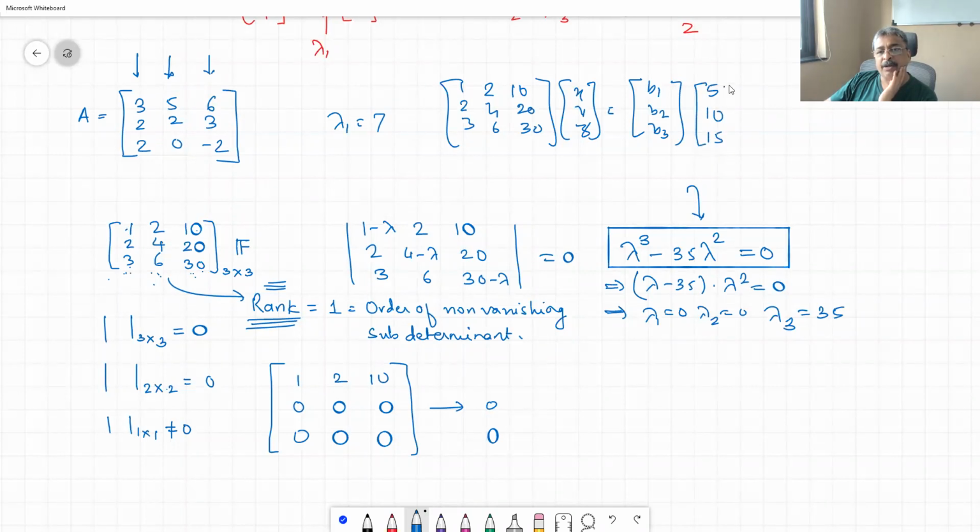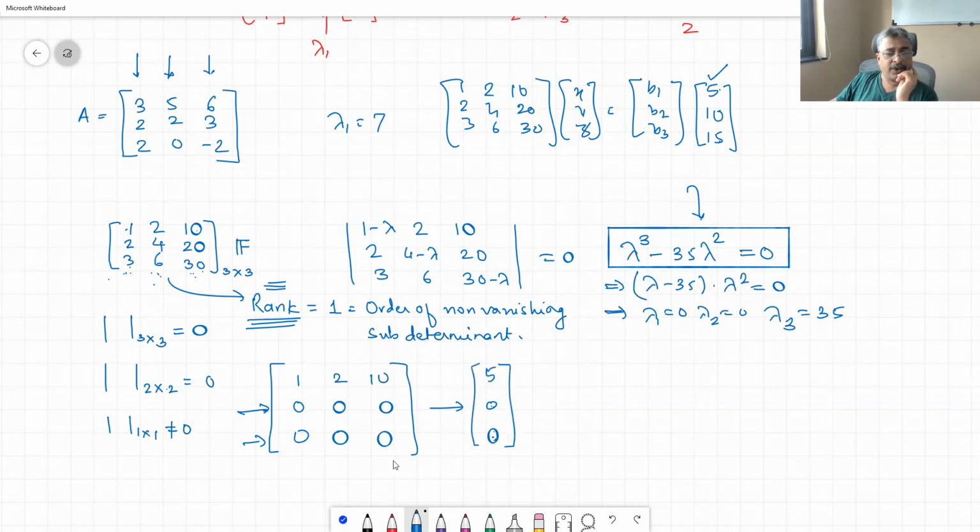Then and only then you will end up having solutions to this particular system, because the moment you row reduce, the last two rows are bound to give 0, 0 here. If there is any other number at either of the two places, then the solution set does not exist. Okay, but if it is 5, 10, 15 on the RHS, yes, of course the solution set exists, and your row reduction is going to look like this.